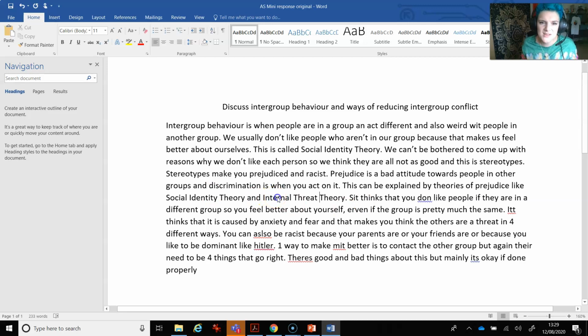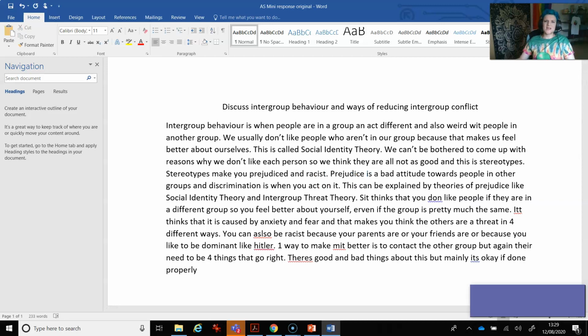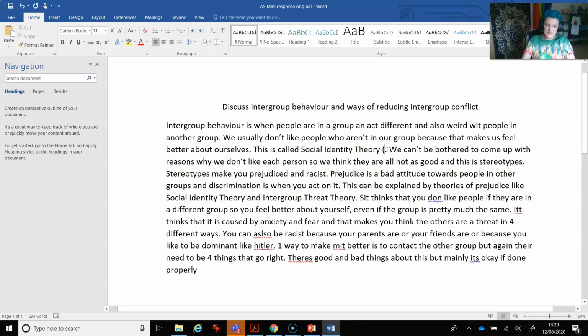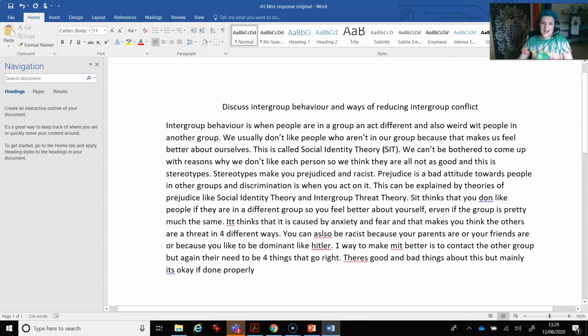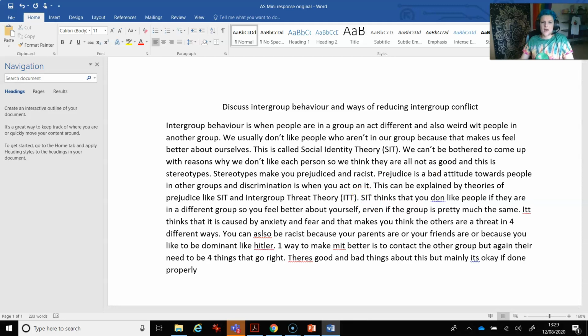Or intergroup, sorry, not internal. Intergroup threat theory. But from here, actually, we don't need to do that because we can just put SIT here. And after we've written it out fully once, we don't need to write it out fully again. But what we do need to do is make sure that we use capital letters, because that's a theory. So we'll put that in brackets as well for intergroup threat theory, and we'll move this to make it capital letters.